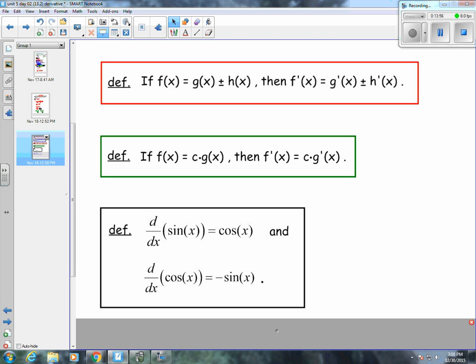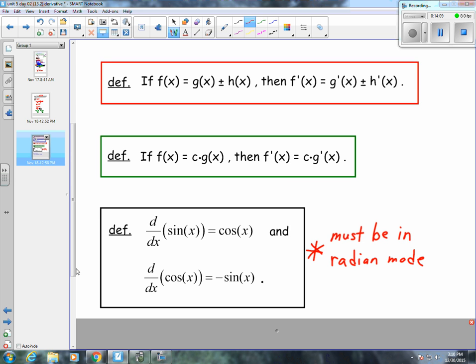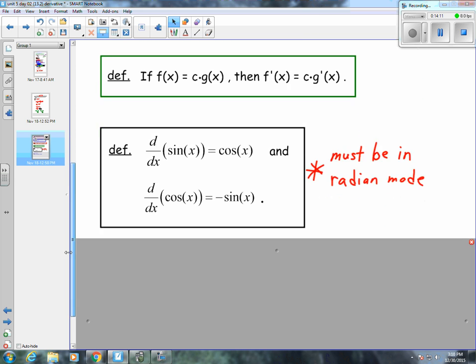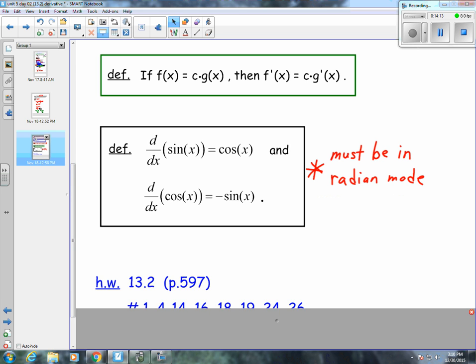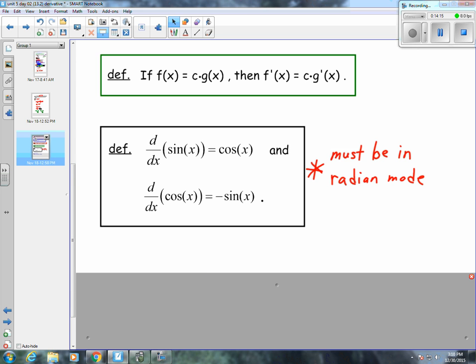The one caveat to this is that you must be in radian mode. If not, these derivatives are not so simple. And we have some homework that we'll do tomorrow in class.